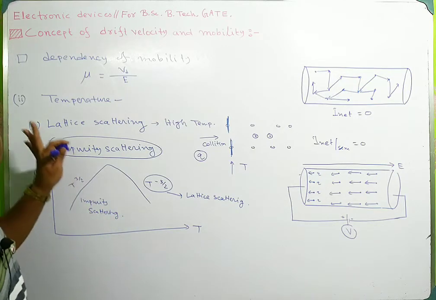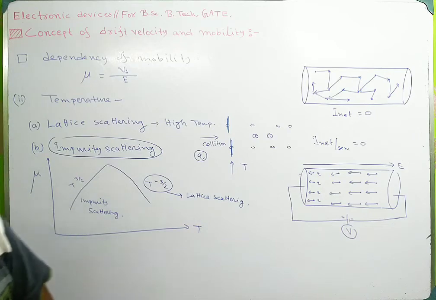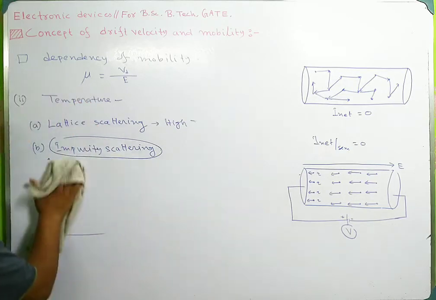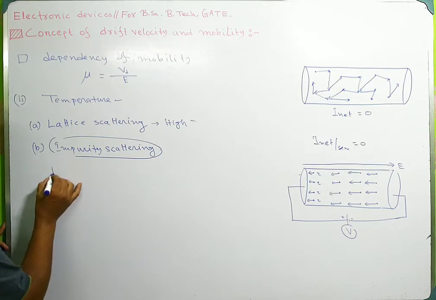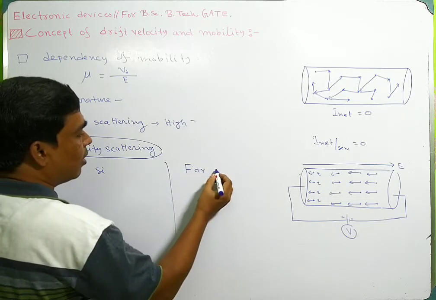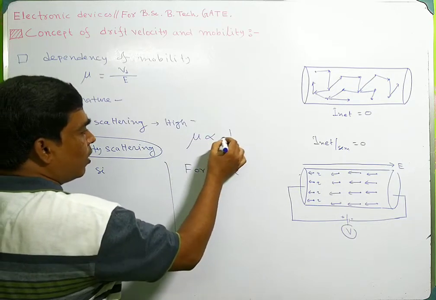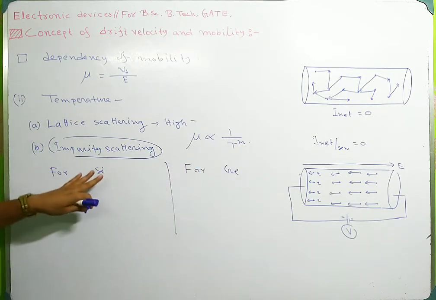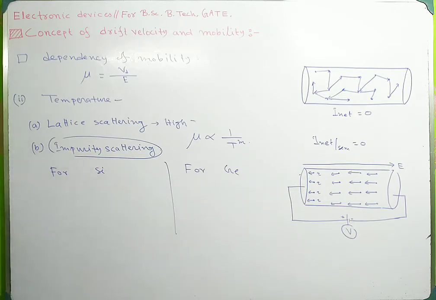So mobility depends upon temperature. How does the value of this mobility vary with temperature? Number one, for silicon and for germanium. So mobility mu is proportional to T to the power m. The m can vary depending on the type of semiconductor, number one silicon and number two germanium.